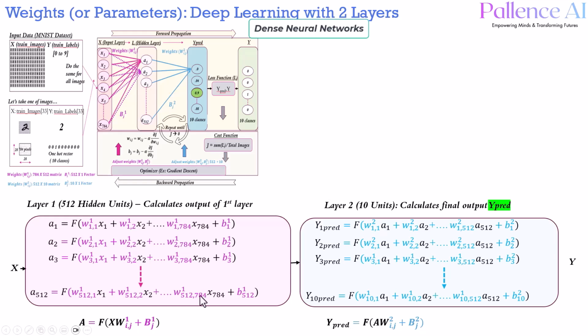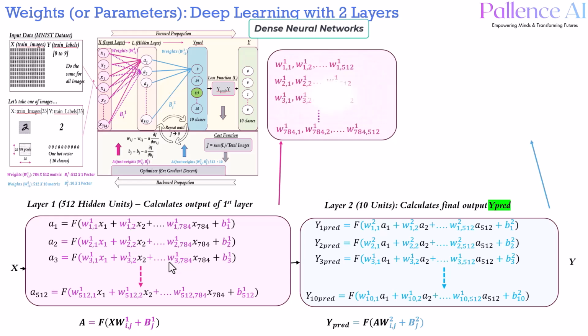Now if you look at these equations, you can clearly see what kind of dimensions the weight matrices have. For the first set of weights between the input layer and the hidden layer, we call them W1 IJ. It's a 784 by 512 matrix of weights. Similarly, we have the bias terms from B1 to B512.